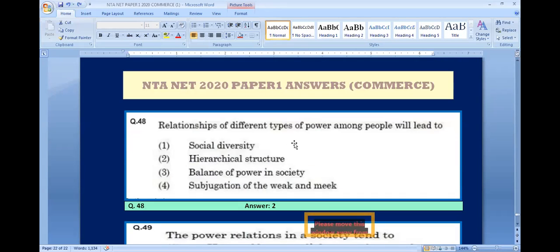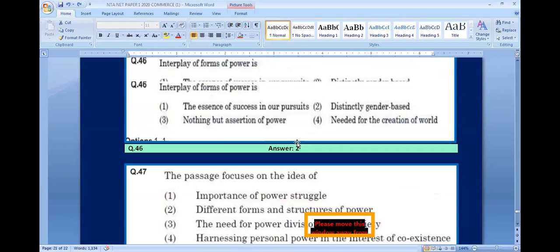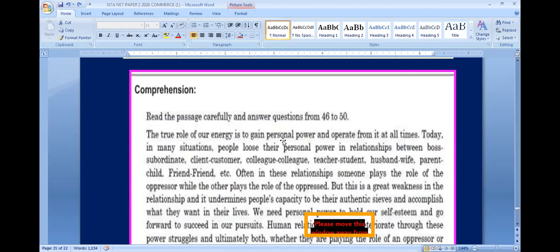Relationship of different types of power among people lead to dash. Now start reading from the beginning of the passage. The true role of our energy is to gain personal power and operate from it at all times.